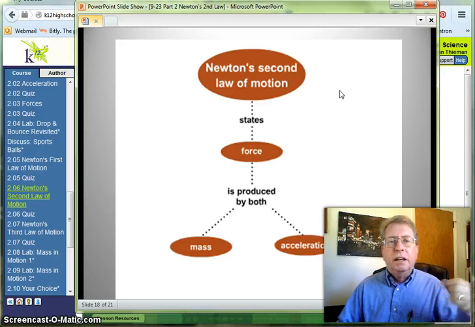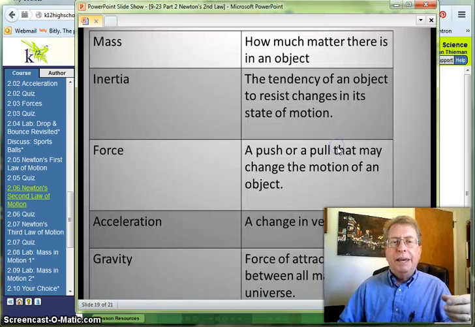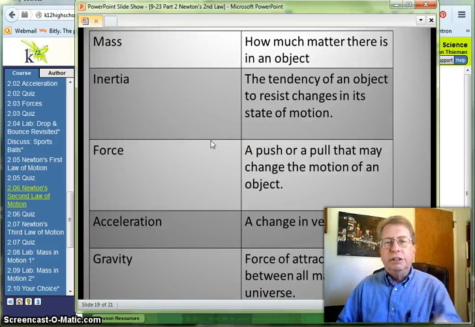So once again, Newton's second law of motion says that force is produced by multiplying mass times the acceleration. That's all there is to it. F equals ma. Okay? There's some key words here. You can pause the video to make sure that you've got all the definitions here properly.